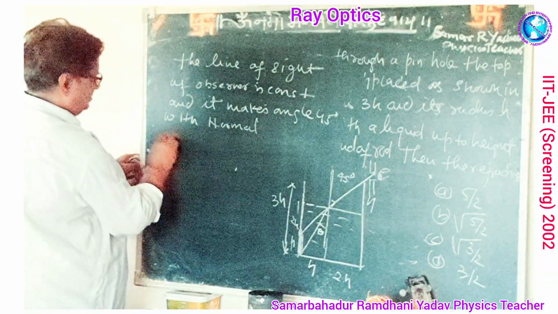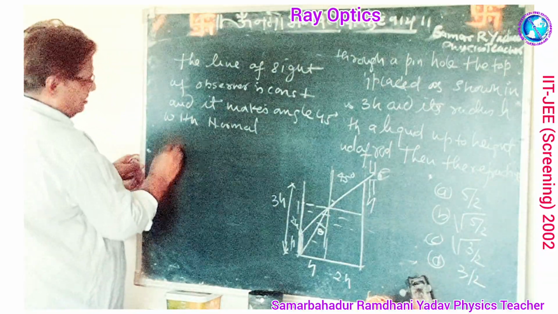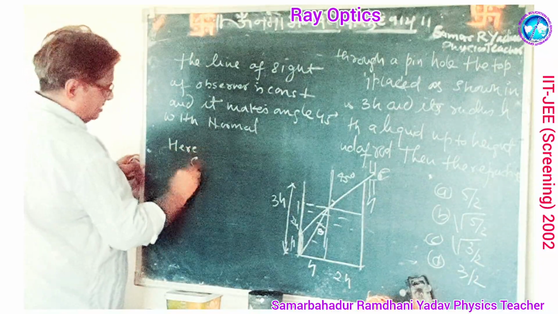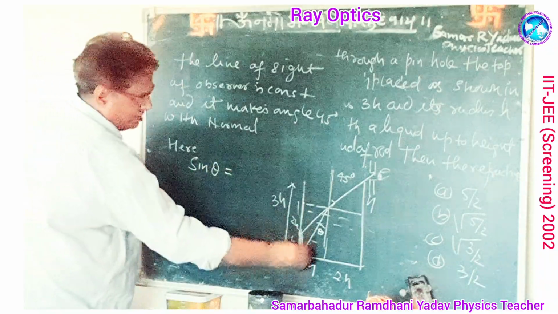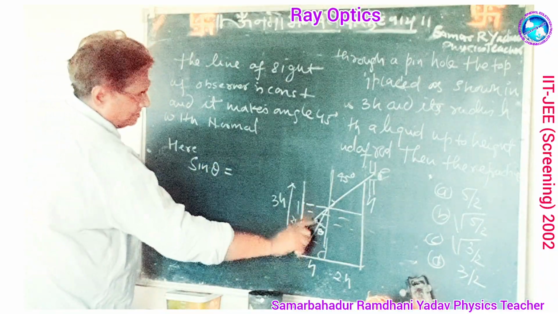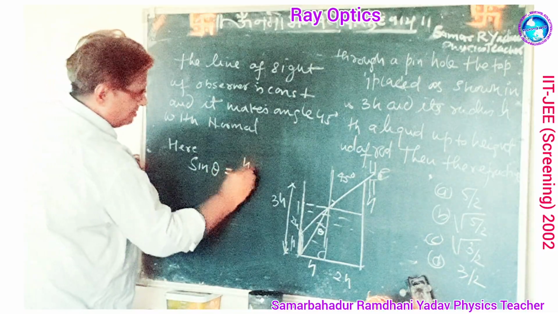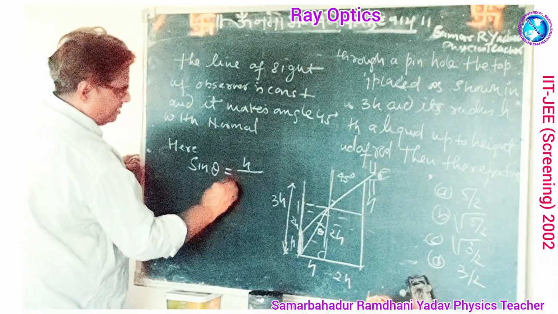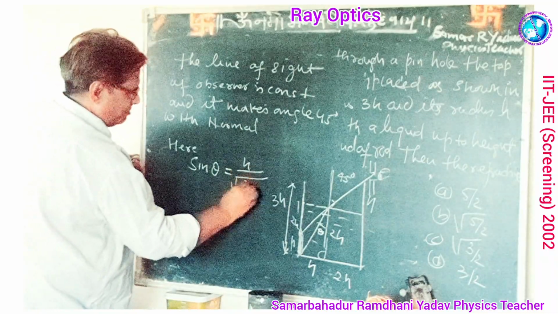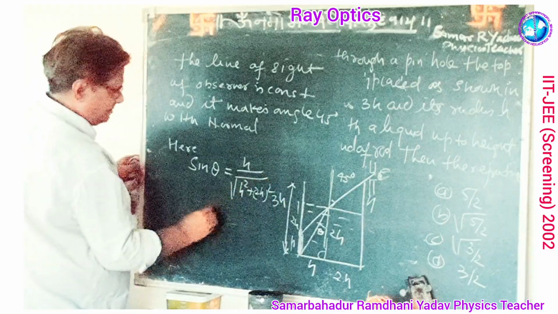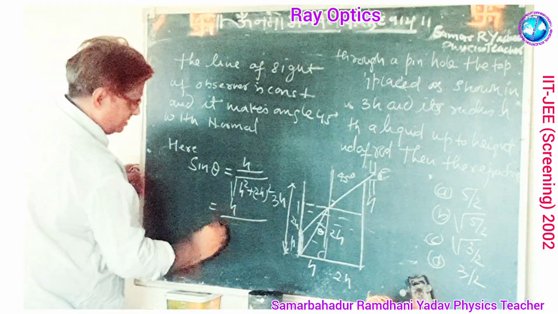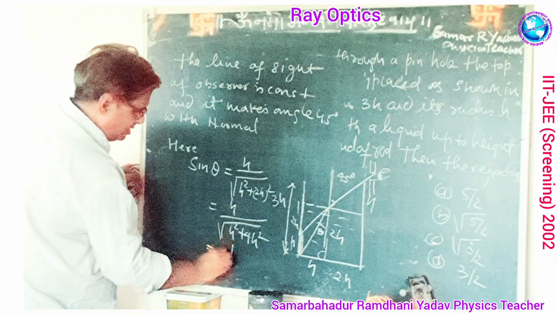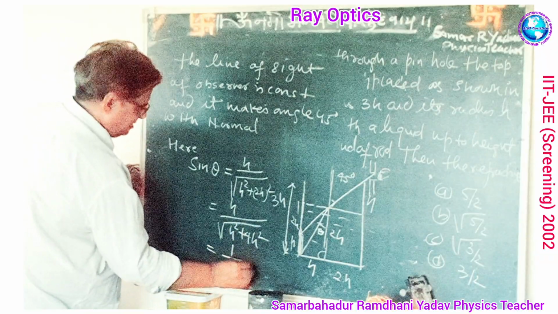Now sin theta is equal to opposite upon hypotenuse, so you can get here h upon hypotenuse. The hypotenuse is made from this h and this 2h, so you can write under root of h square plus 2h whole square, which is equal to h upon under root h square plus 4h square, which is equal to 1 upon under root 5. This is equation number 1.